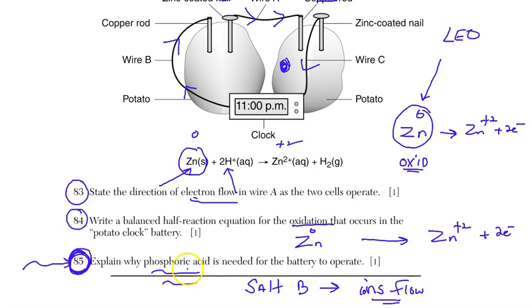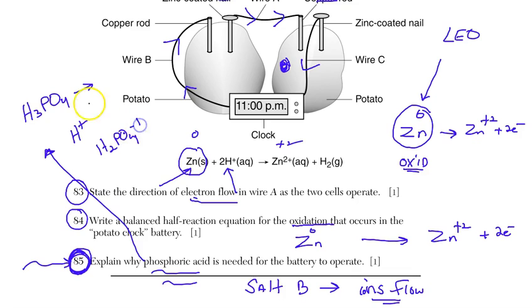It needs ions to flow, and phosphoric acid, by the way, is an acid, and we've learned that acids are very strong electrolytes. This one's going to break apart into protons and H2PO4 negative 1. So you're going to make a lot of ions.